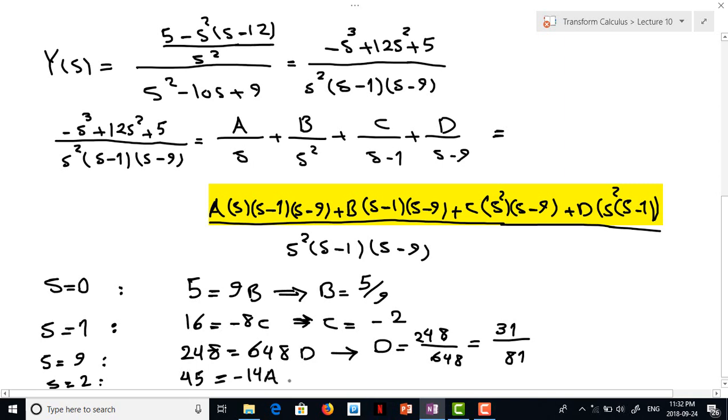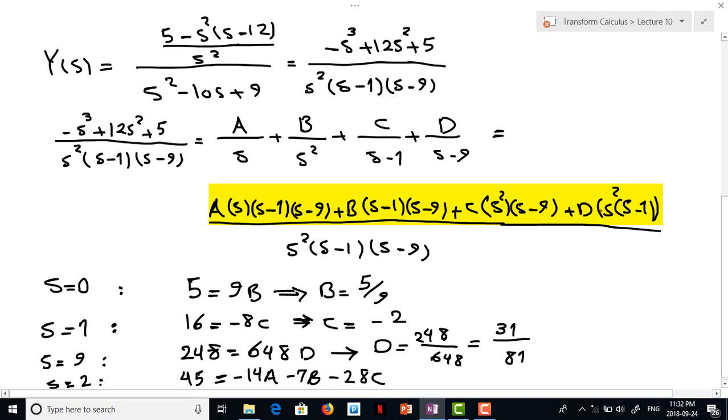So for b, we have 2 minus 1 is 1, 2 minus 9 is minus 7, minus 7 times 1 is minus 7, so it's minus 7 times b. For c, we have 2 squared is 4, 4 times 2 minus 9 is minus 7, so minus 28 times c.